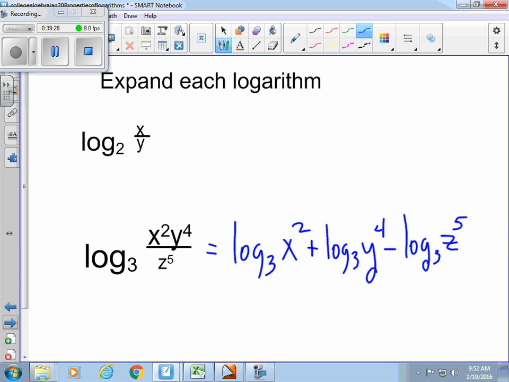And then what am I going to do after that? Do all the exponents. So this is what I do when I expand.